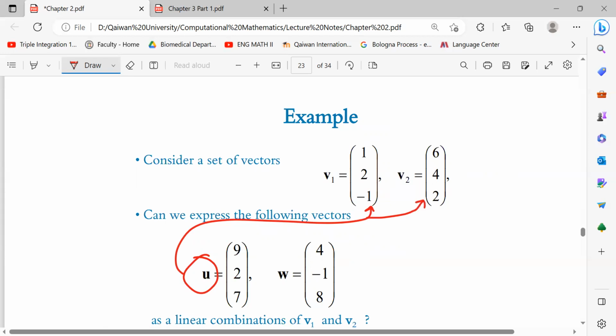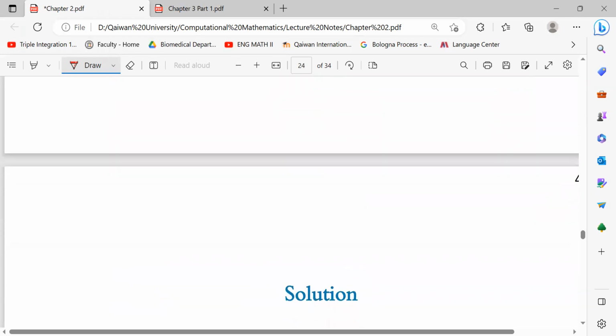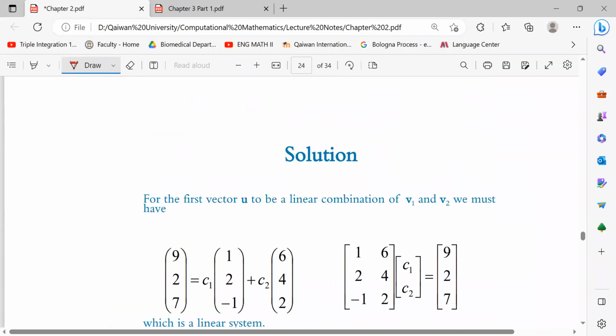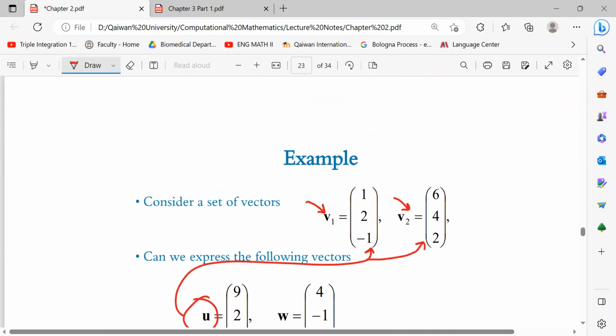Here we say, if we could find a value which we multiply by v1, and also find another value which we multiply by v2, and we find the sum of them, and the sum of them is u, then we say these two vectors are the linear combination. So u is the linear combination of v1 and v2. So let me tell you first what are the values, minus 3 and 2. Look.